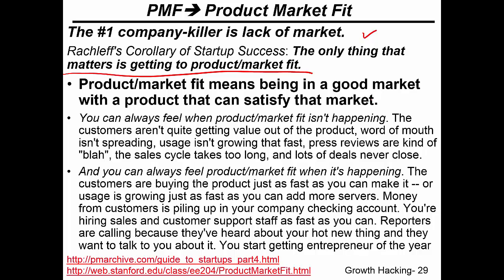And on the contrary, you feel that you don't have the product market fit when nobody is really talking about your product or willing to pay for it, and you have a lot of inventory which is not moving. Okay.